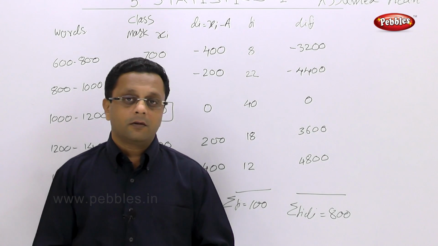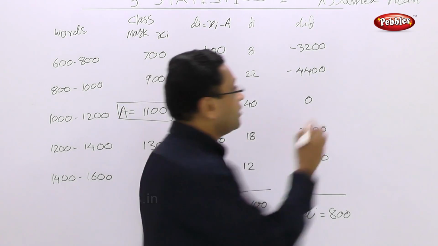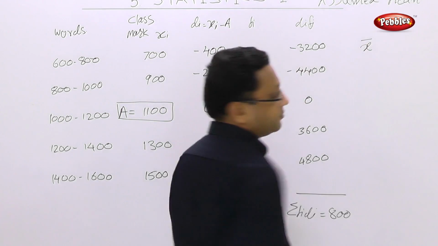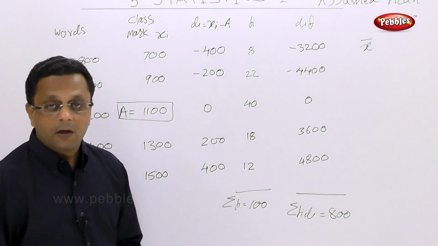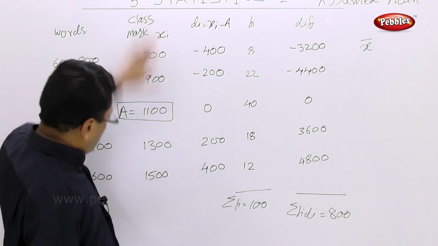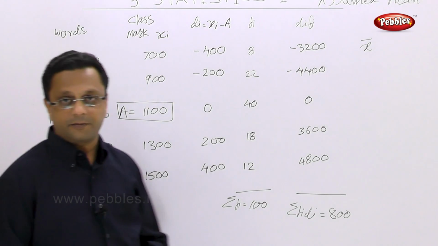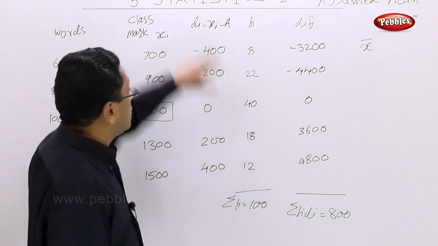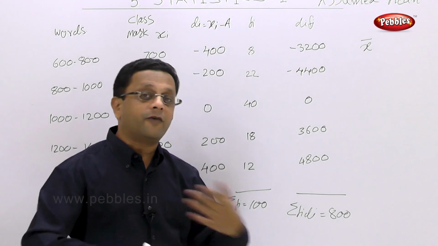First we found, in the direct method, we directly found x bar. But here you cannot directly find x bar. Why? Because you have not used xi here. You have used di, modified figures of x.